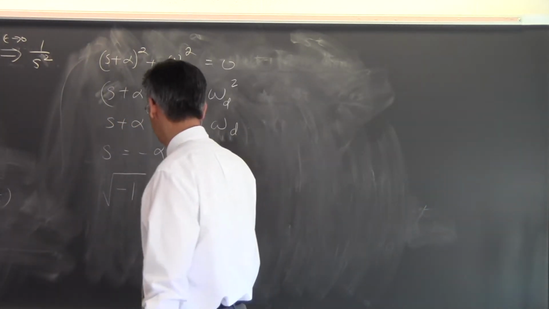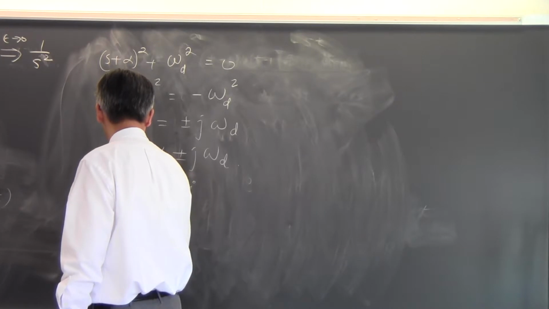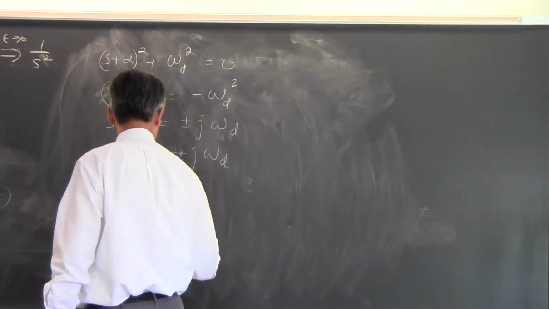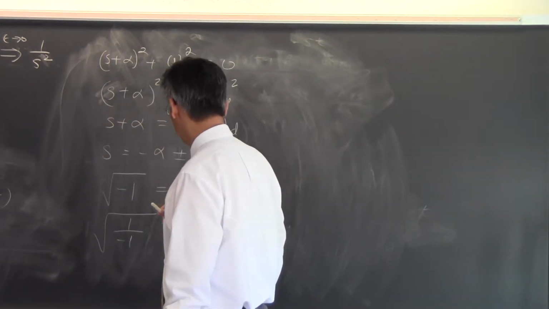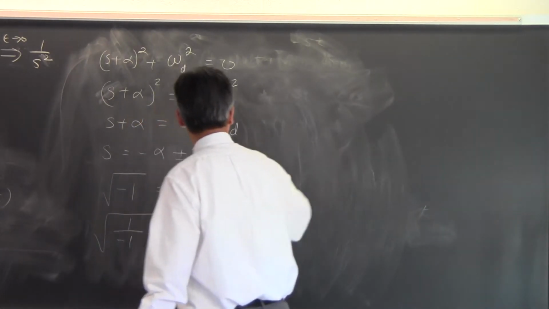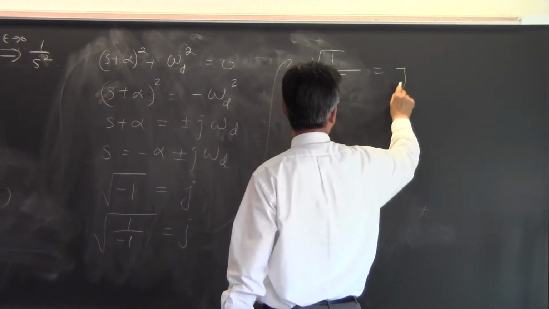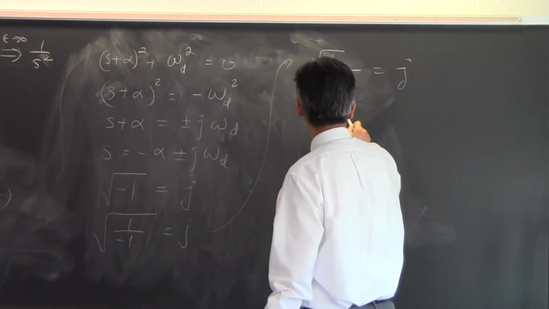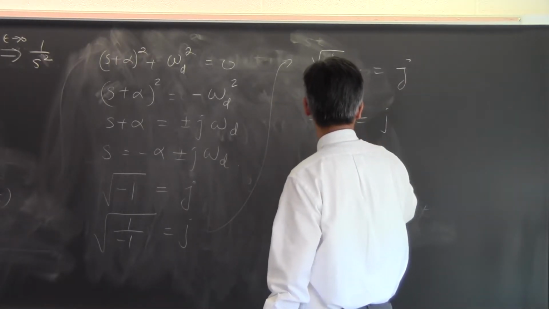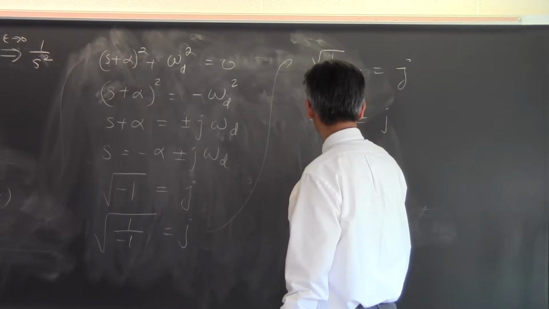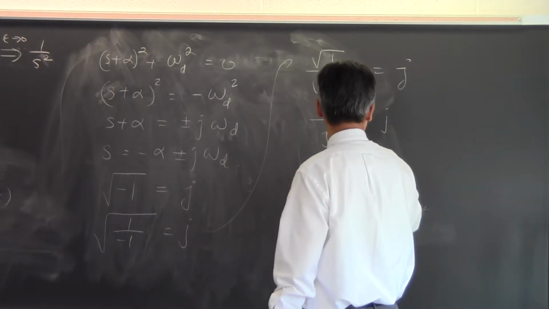Right? So square root of 1 over minus 1 is also equal to j. So this implies square root of 1 over square root of minus 1 is equal to j. So 1 over j is equal to j.